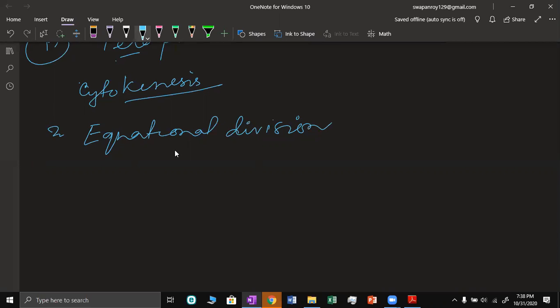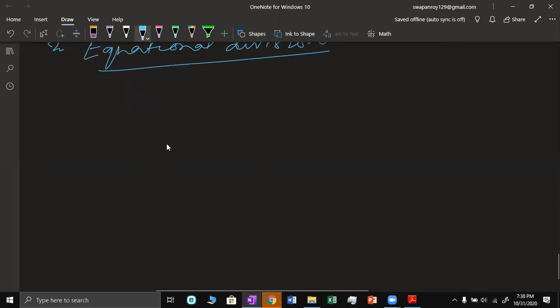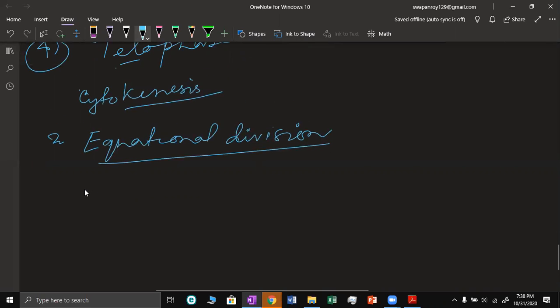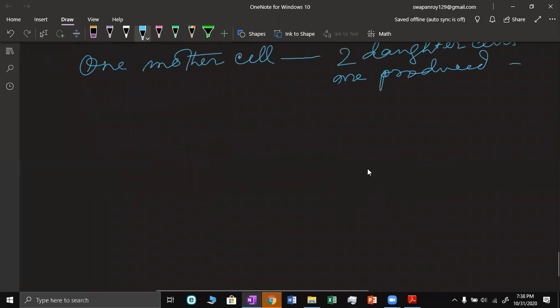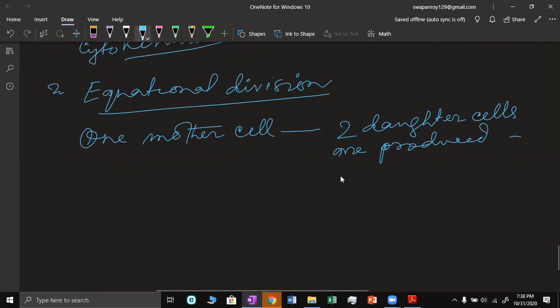It is equational division because in mitosis, from one mother cell, two daughter cells are produced, and these two daughter cells get the material equally.